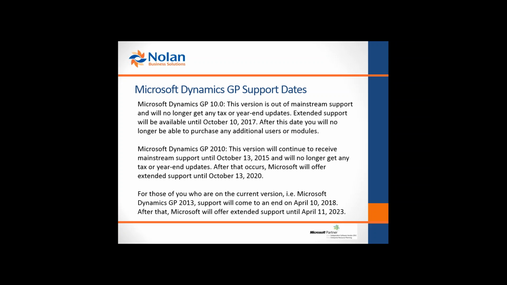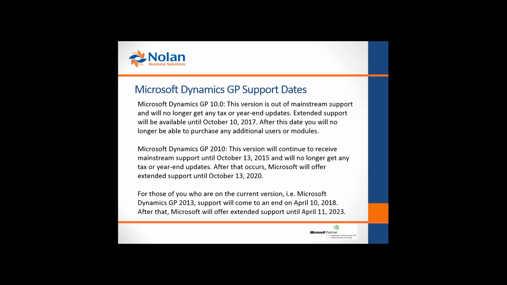For clients who are on older versions of GP, I just thought I would mention some key dates. If you are on GP 10, this version is out of mainstream support with Microsoft, so you'll no longer be able to get any tax or year-end updates. Extended support will be available until October 2017, but after that date, you won't even be able to purchase any additional users or modules.